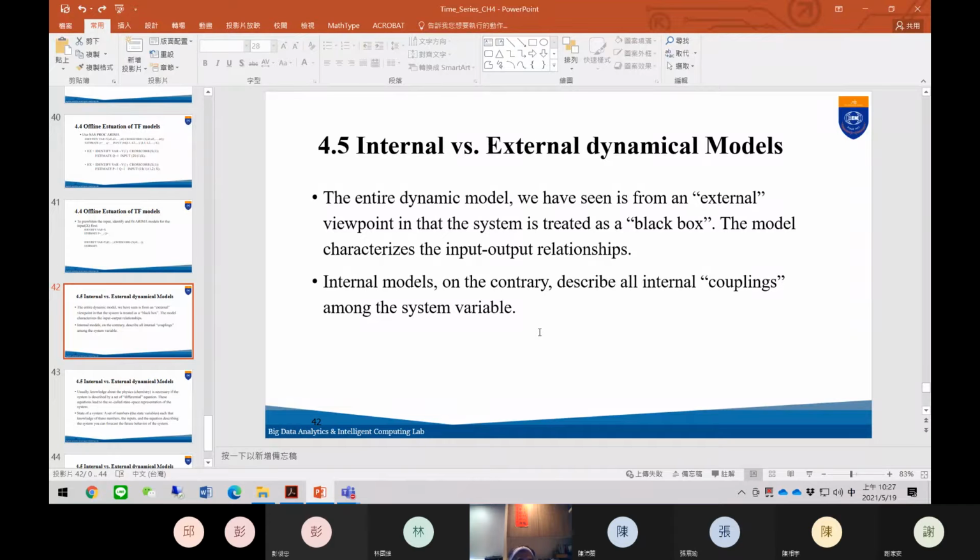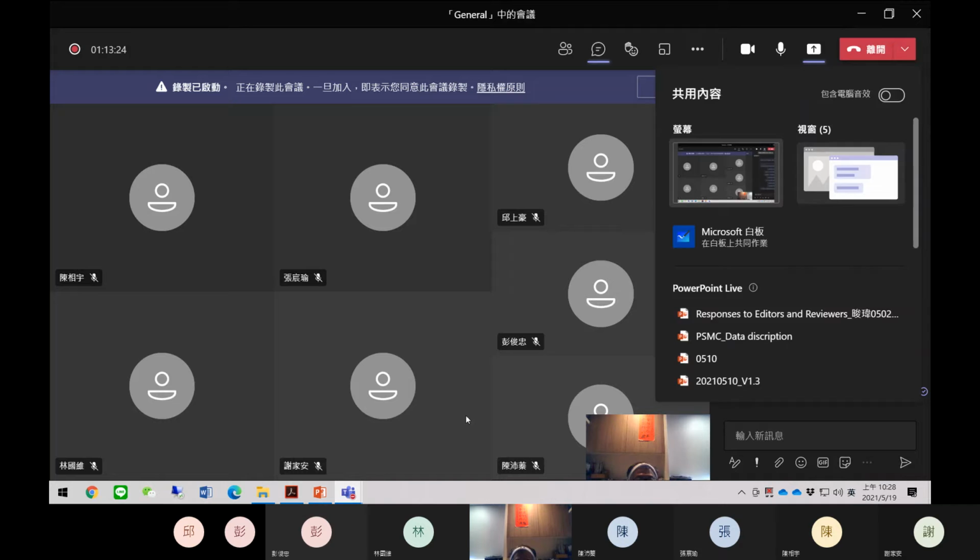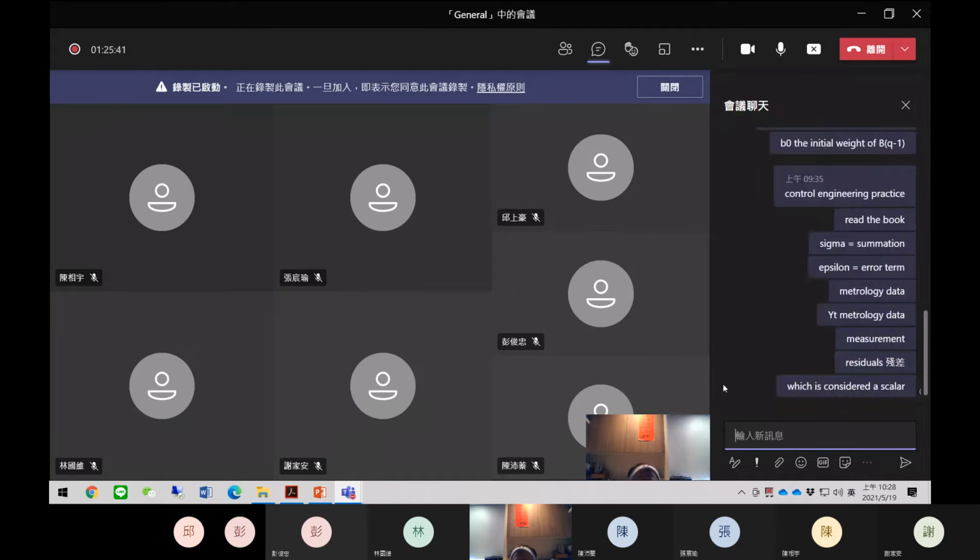So the internal and external dynamic model: the entire dynamic model we have seen is from an external viewpoint. So we treat the process as a black box.